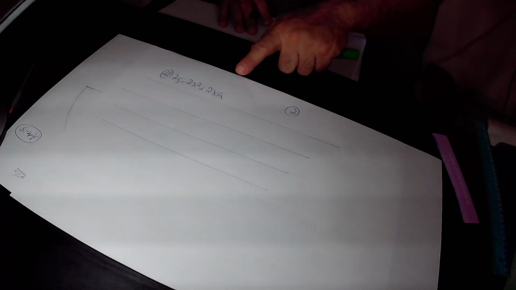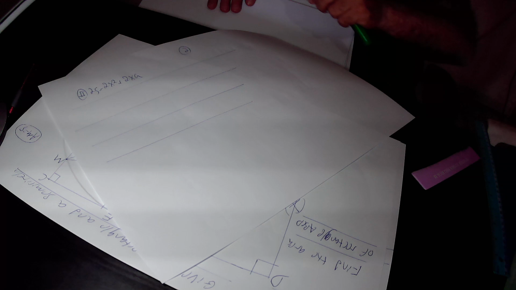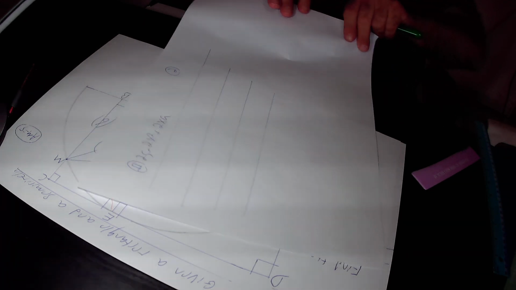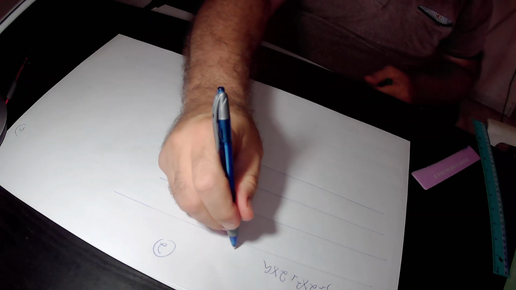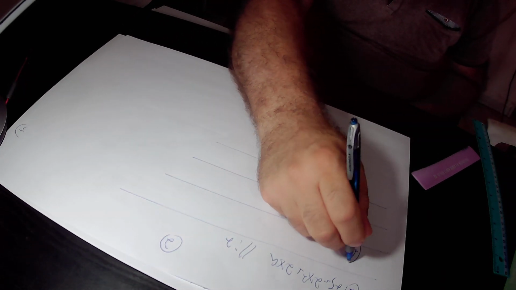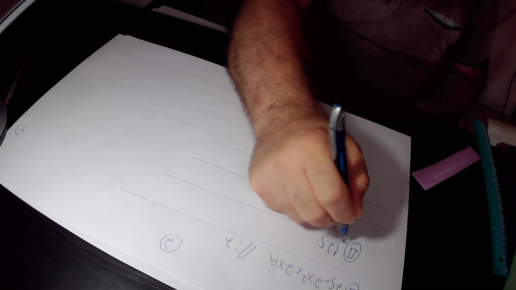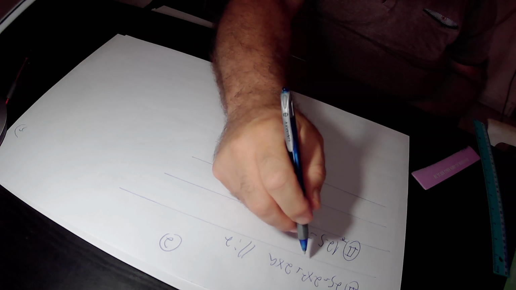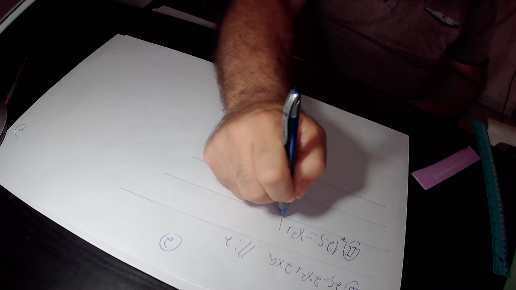Here we divide equation 2 by 2, and we get that 25 over 2 is 12.5, and it is equal to 2x squared over 2, which is x squared, plus 2xa over 2, which is xa.